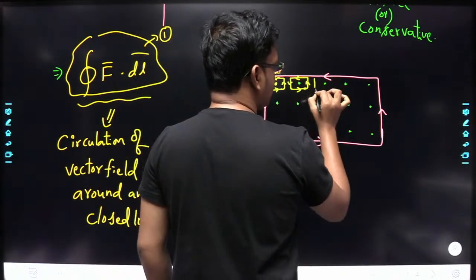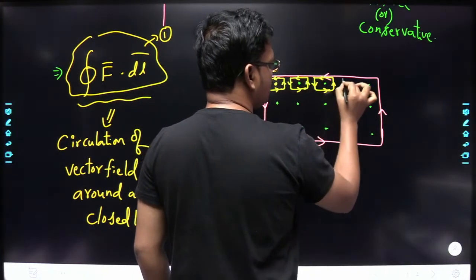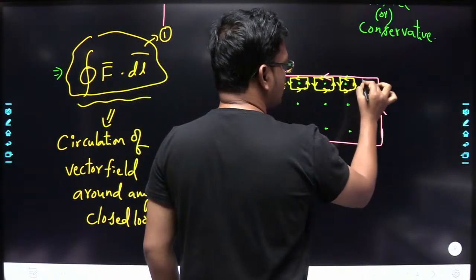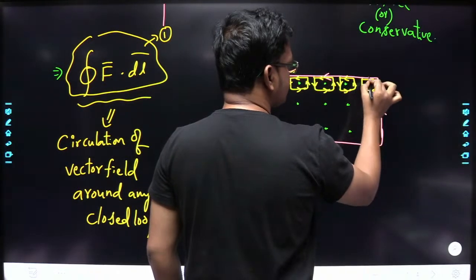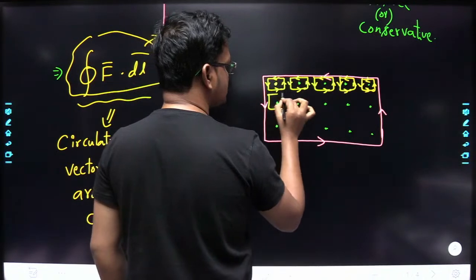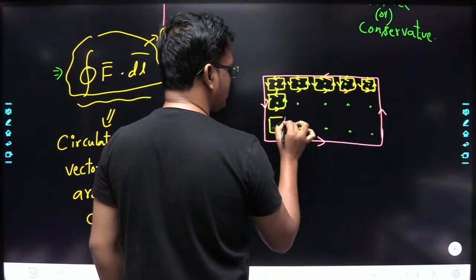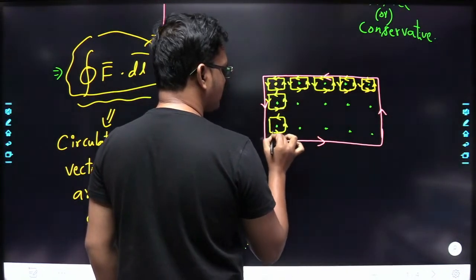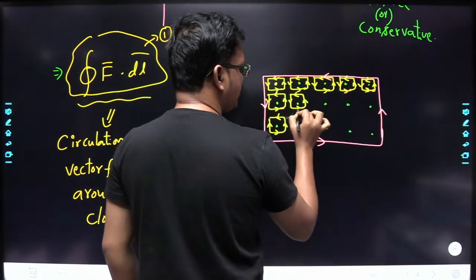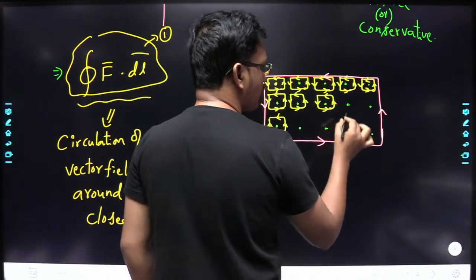In the same manner, here the field is circulating about this point, here also, and here also. Like this I am trying to determine how much of the field is circulating about the given point source.